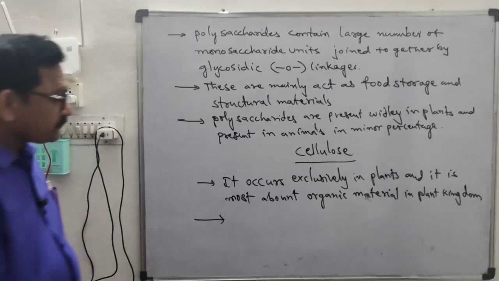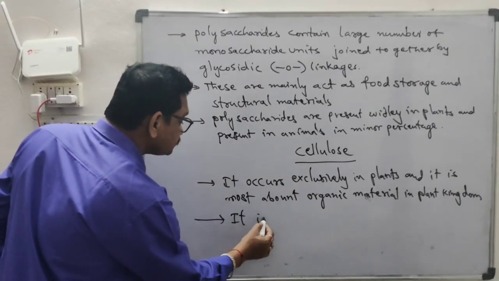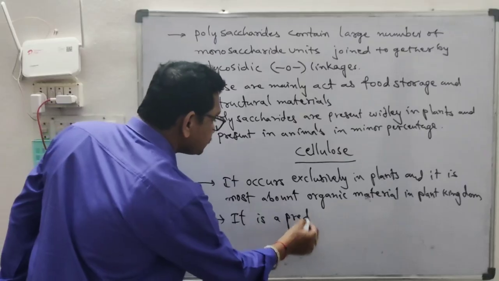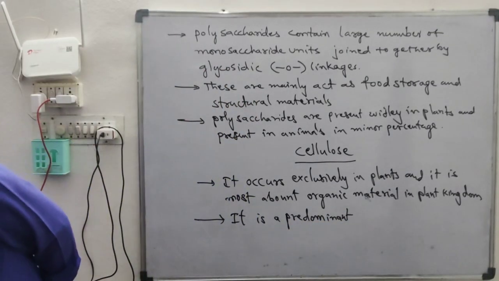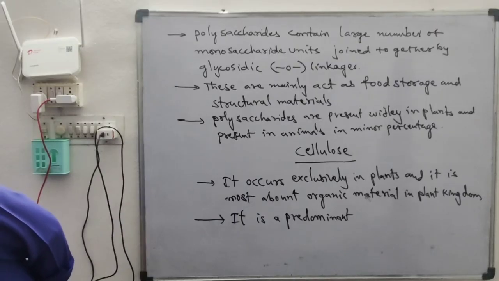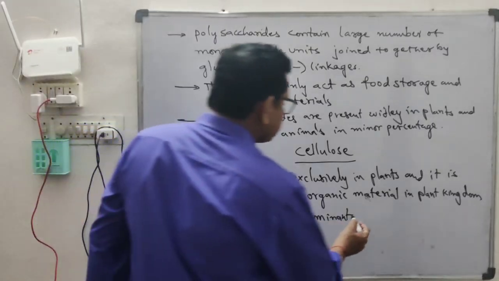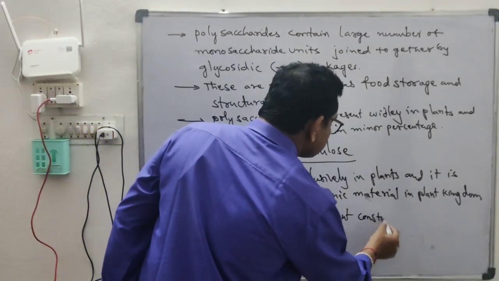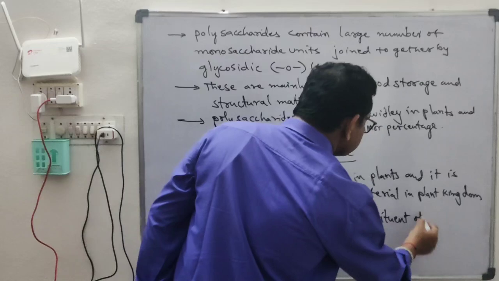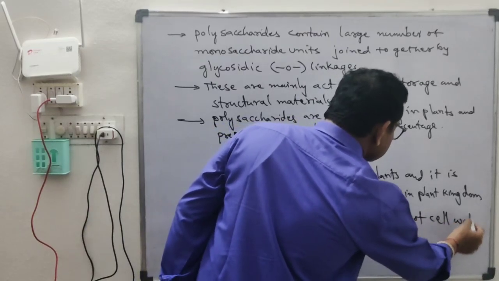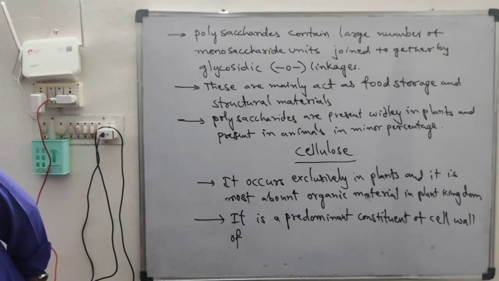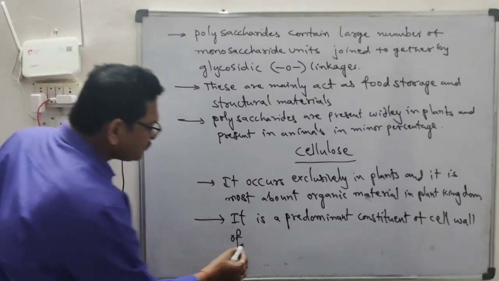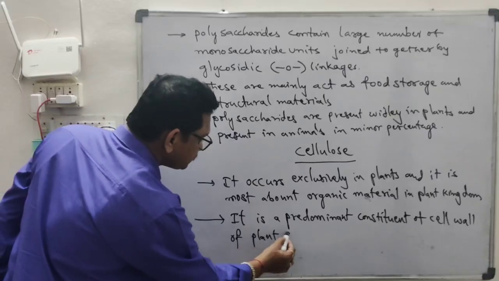It is a predominant constituent of the cell wall of plant cells.